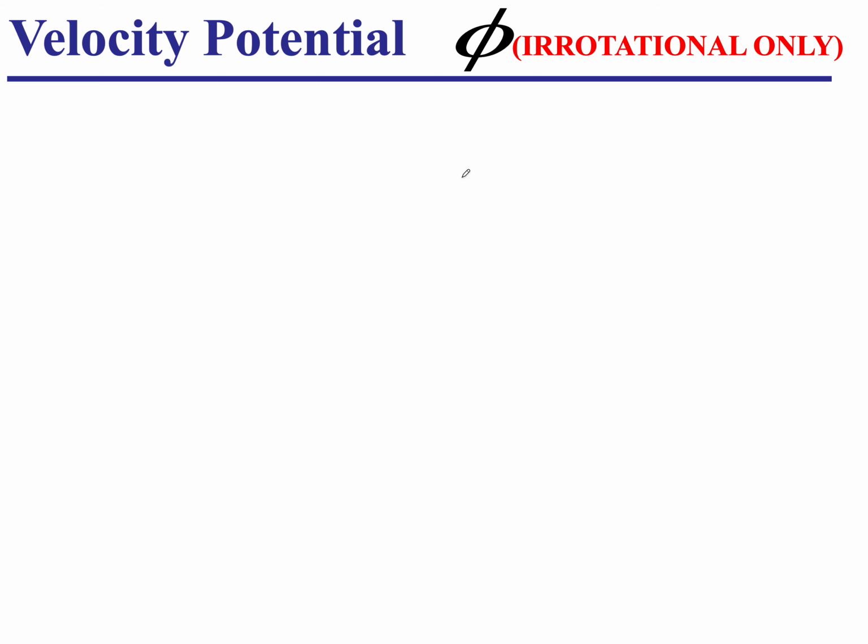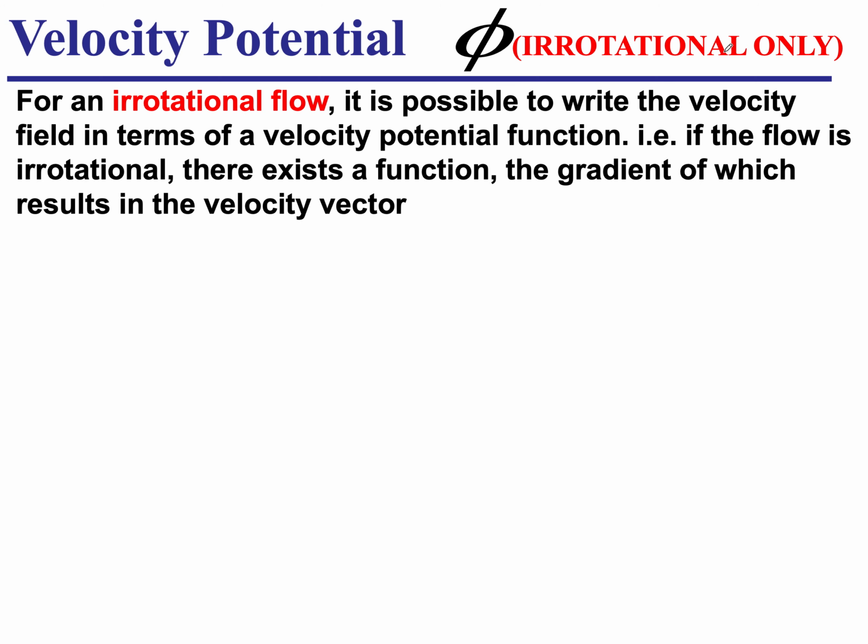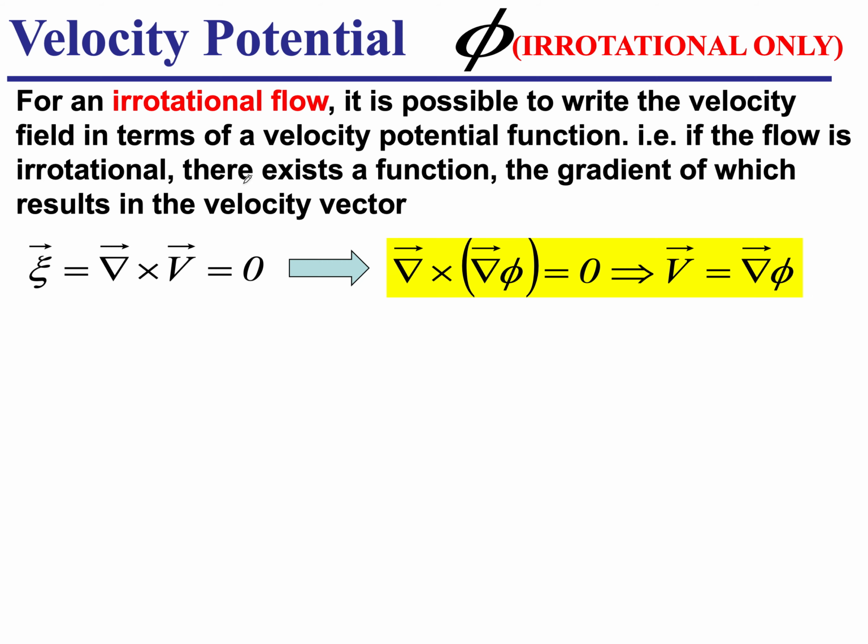That's the prerequisite to define a velocity potential. The velocity potential is defined for an irrotational flow, and the irrotational flow exists outside the boundary layer in any aerodynamic problem. So that's what an irrotational flow means. Then I can write my velocity vector as the gradient of the velocity potential, which is this.